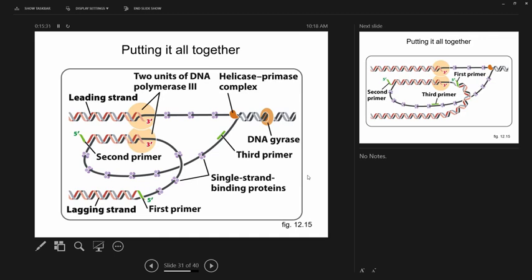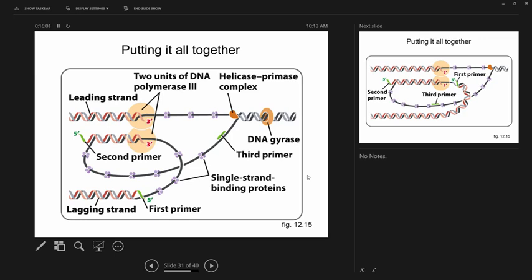The gyrase is not unwinding the DNA and breaking the hydrogen bonds, but it is removing the supercoiling that helicase generates. Then every so often the primase hooked up to helicase adds a primer onto the lagging strand. The leading strand is going from left to right here.